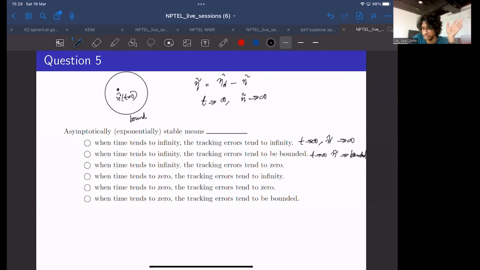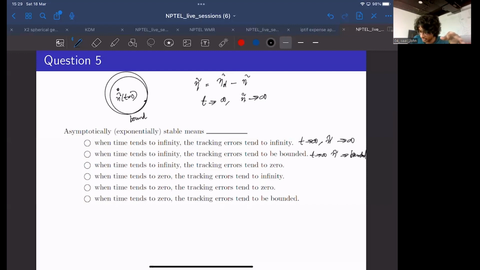It starts from an initial configuration, and as time progresses, it evolves within the ball. But as time tends to infinity, it will settle somewhere within the ball, but it won't go outside the ball. That's what the second statement says. It can settle anywhere within this boundary, but it won't go beyond.